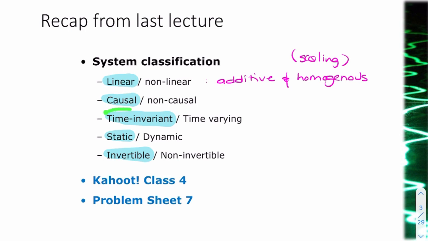We spoke about a TI, or a time invariant system, a system whose behavior doesn't depend on time. We spoke about a static system, a system without memory. So that means a system that doesn't depend on a future value or a past value. It only depends on the current, present value of input. We spoke about an invertible system where it's possible to recover the input from the output.